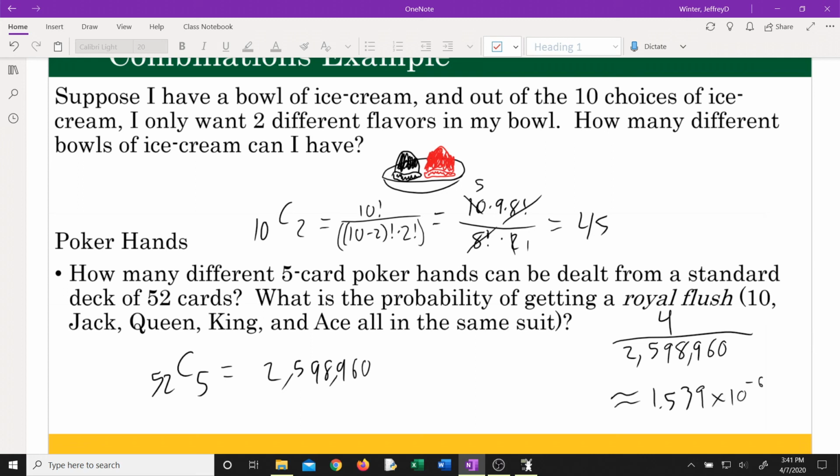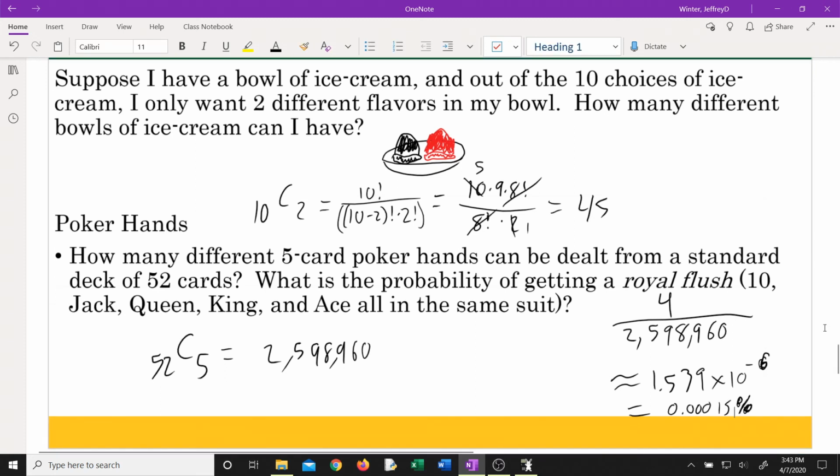Notice that in this case, it's a really small probability of 1.539 times 10 to the negative 6th power. If we wrote this as a percentage, this is about 0.00015%. Well, that's all I have for this, so thank you for watching.